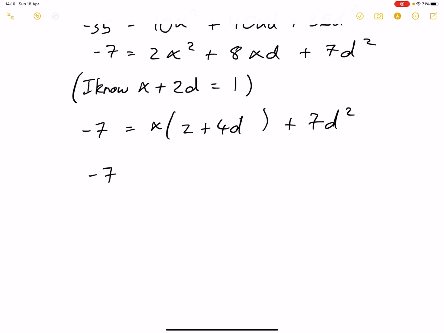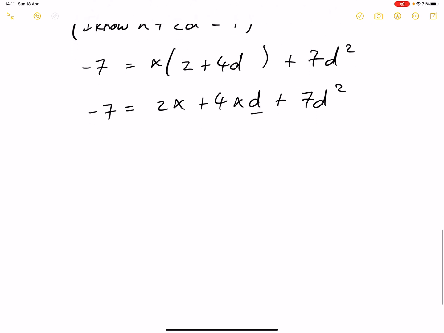And so I get minus 7 is equal to 2 alpha plus 4 alpha d plus 7d squared. And what I can do now is I can take out a factor of d here and here. So that will give me 4 alpha plus 7d times d.